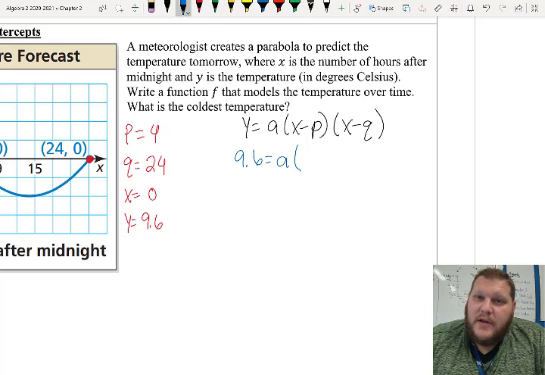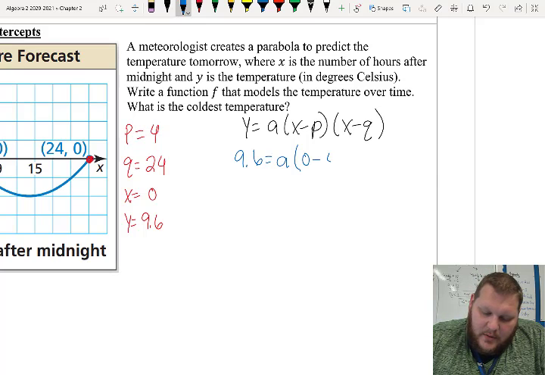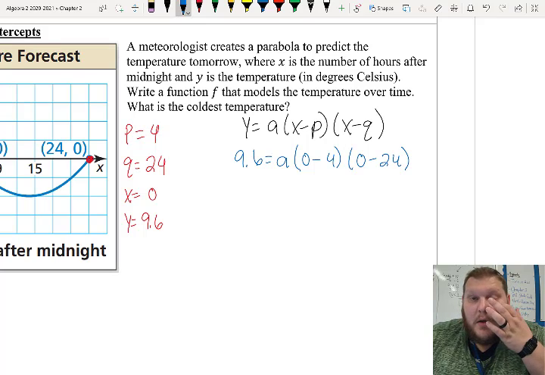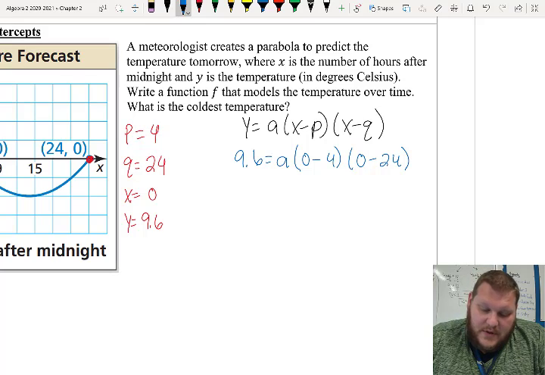Which really is the case for most of these problems. You're going to be given information, and you need to figure out what that a value is. x we said was 0, so (0 minus 4)(0 minus 24). And we've got that equation. So now we just have to solve for a. 9.6 equals a times negative 4 times negative 24.